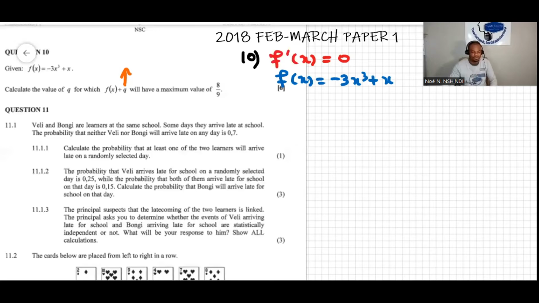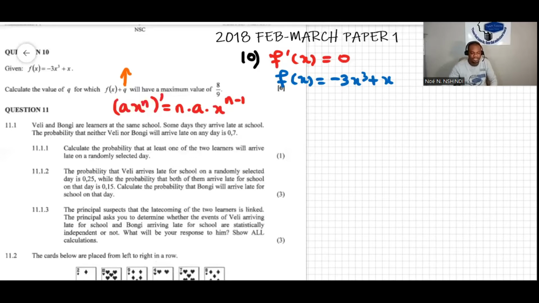The formula is, for ax to the power of n, the derivative is n times a times x to the power of n minus 1. So I want to differentiate the terms. This term here, a is negative 3 and n is 3.